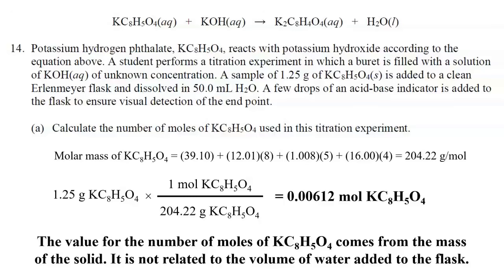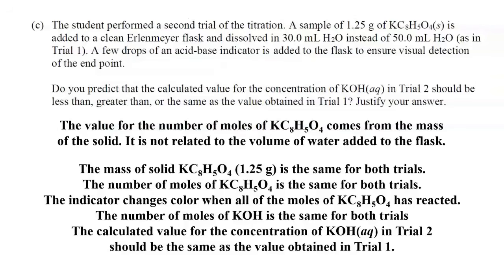It is not related to the volume of water added to the flask. So whether we add 30 or 40 or 50 milliliters of water to the flask, it shouldn't make a difference at all. The value comes from the mass of the solid, which is the same for both trials. It's 1.25 grams. So the number of moles of potassium hydrogen phthalate should be the same for both trials.